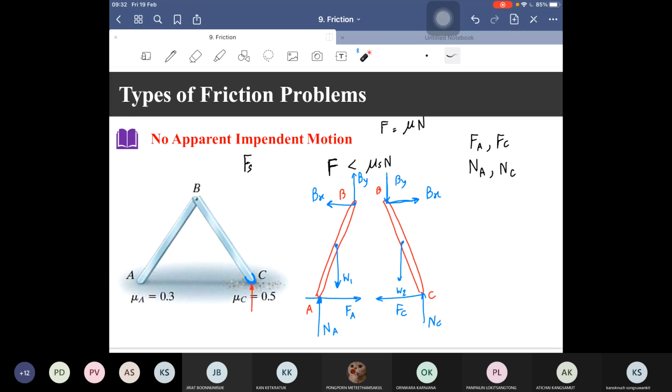Okay, so to satisfy this system, no apparent impending motion, we said that the frictional force must be smaller than mu N. Then from this system, these two bars will stay in equilibrium if FA is smaller than 0.3 NA and FC is smaller than 0.5 NC.